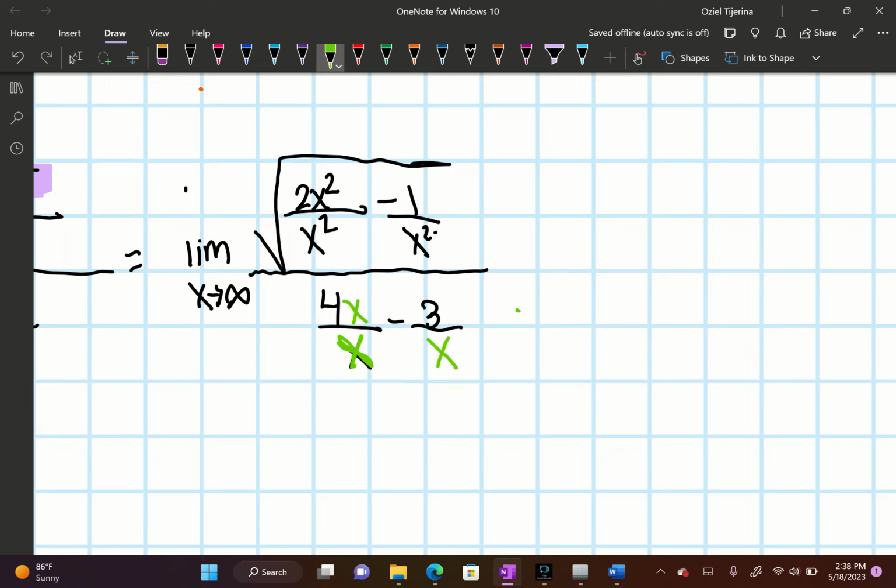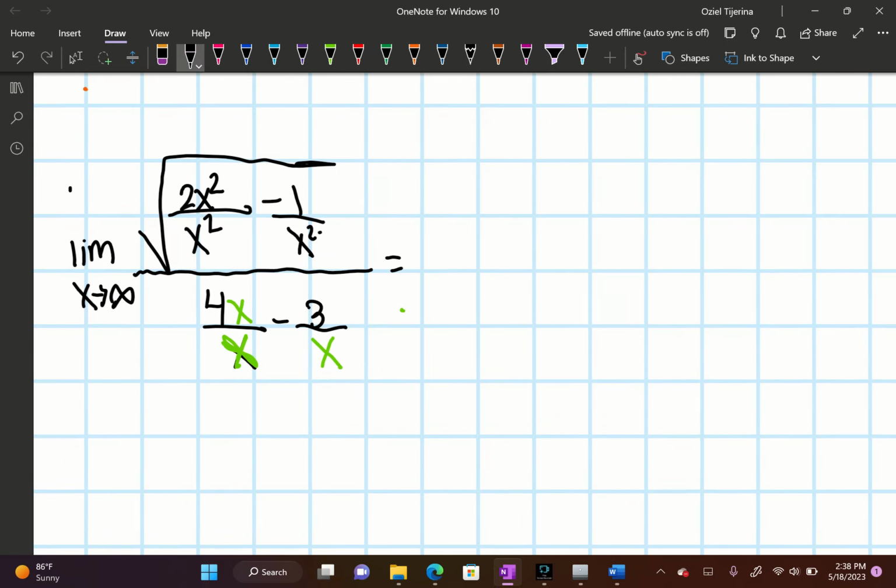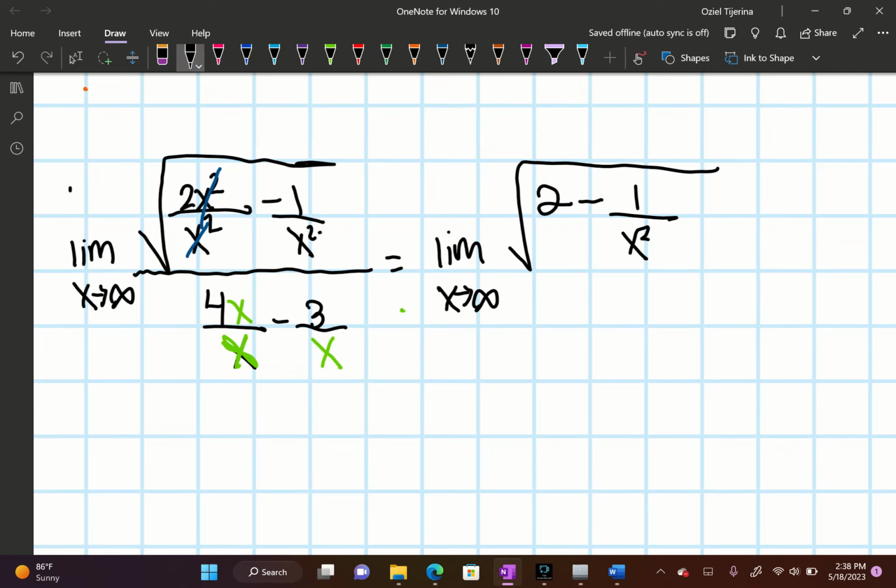And so then what's going to happen is we're going to have the limit as x approaches infinity, and these two are going to cancel out, so it's going to be the square root of 2 minus 1 over x squared, over 4, because these cancel out, minus 3 over x, right?